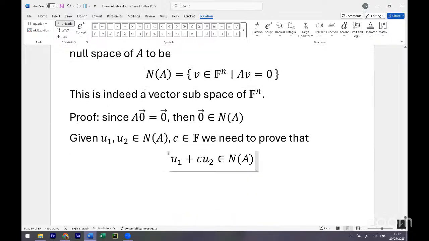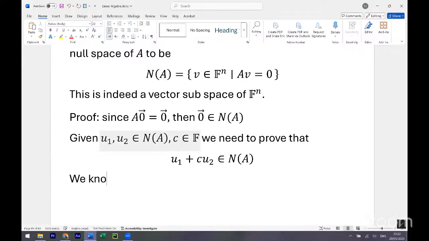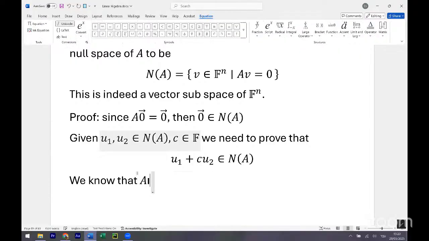You know that U1 is within the null space. What does it tell you about U1? That A times U1 is 0, right? We know that A times U1 is 0, and A times U2 also 0.